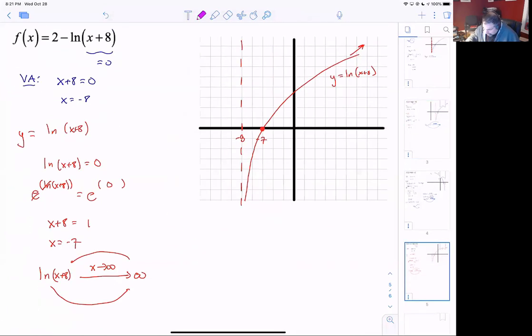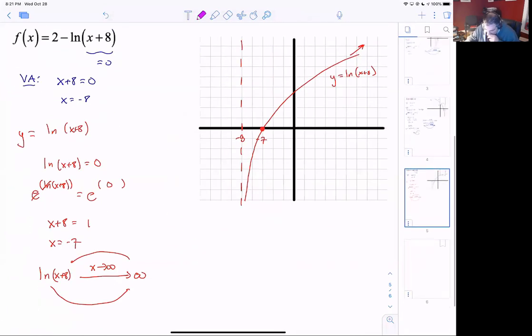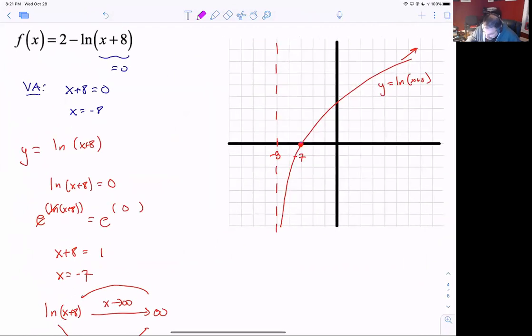This value right here is going to stay exactly the same, but now instead of going below the axis, it's going to go above the axis like this. This value right here is going to get flipped over. So we're going to see this graph just flip over the axis and be a mirror image. And that's going to be y equals negative ln of x plus 8.